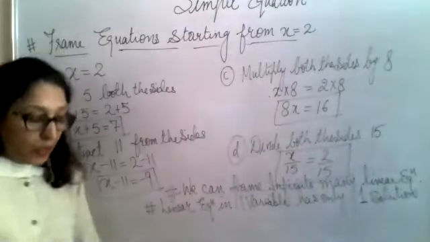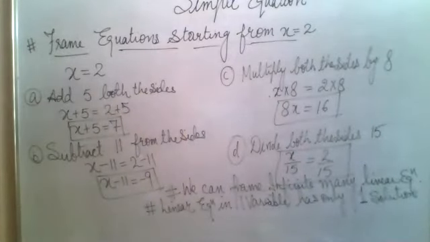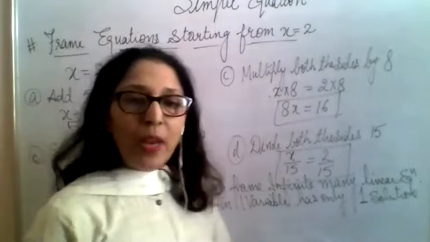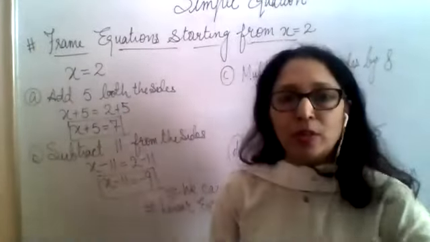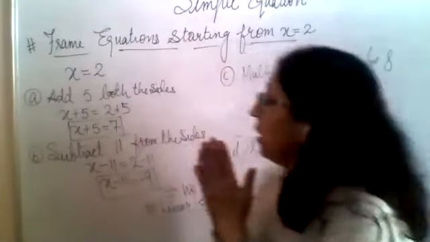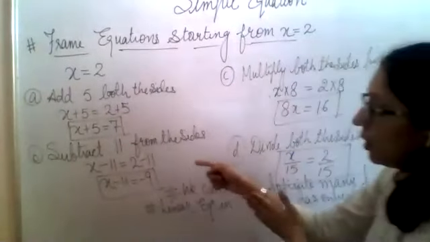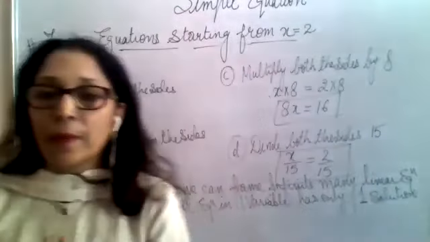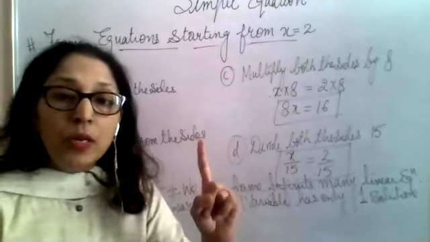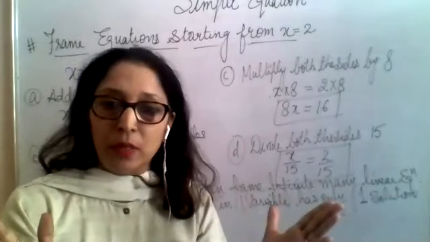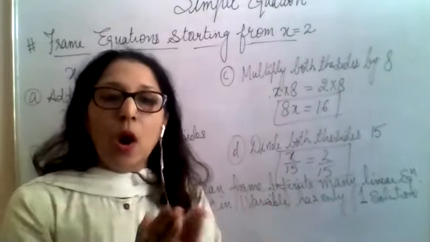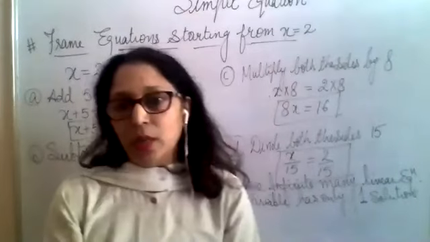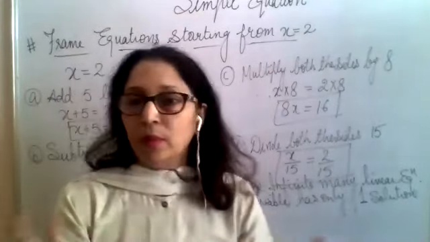See the difference. If only one value is given, you can frame infinitely many equations. But an equation has only one value. It is not vice versa. One solution, many equations; a linear equation has only one solution. It cannot have more than one.